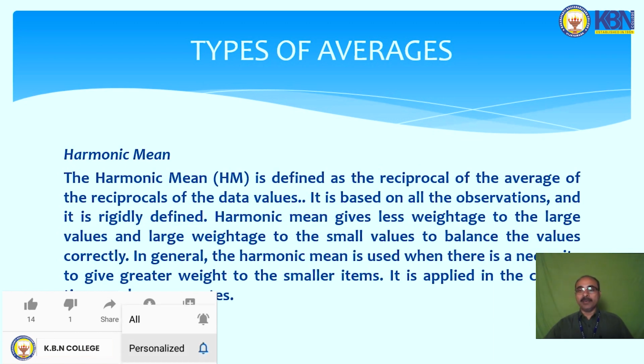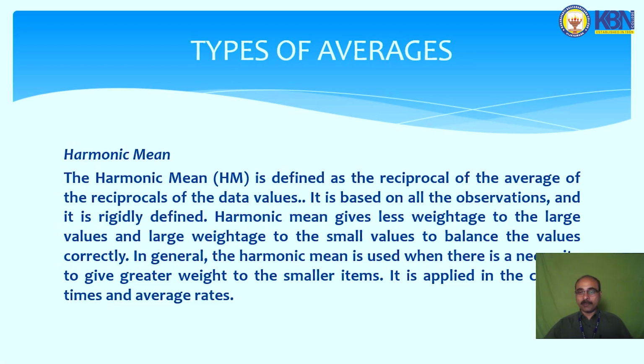Next, the harmonic mean. Here you have to underline the word reciprocal: it is the reciprocal of the average of the reciprocals of the data values. Reciprocal means nothing but 1 by x; 1 by value is called the reciprocal. It is based on all observations and is rigidly defined, which means it also comes under the good average category.